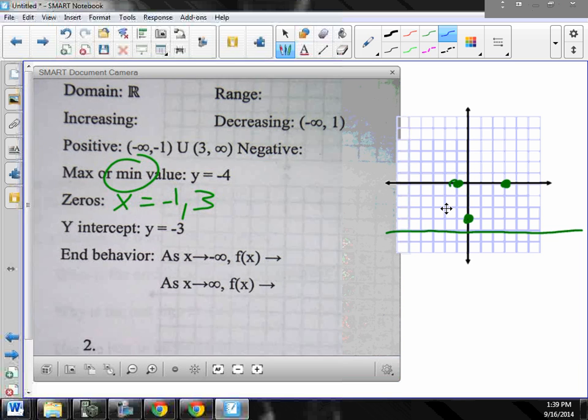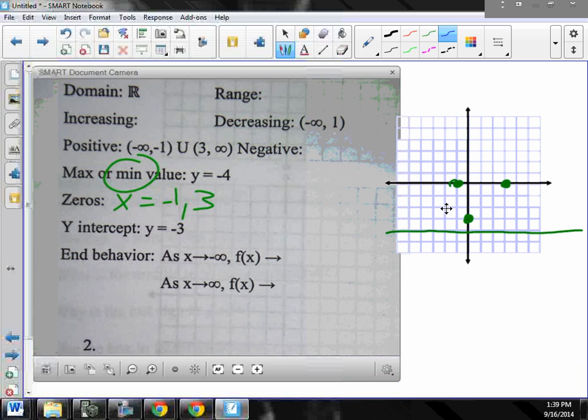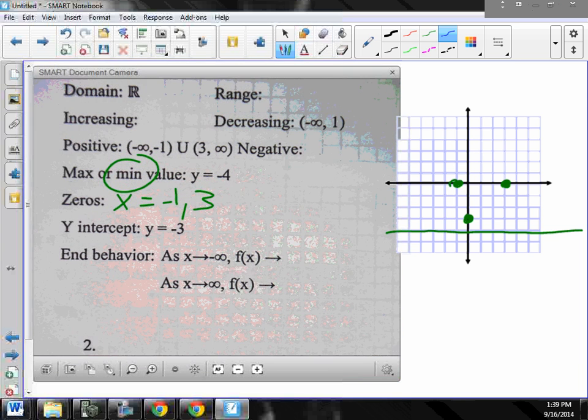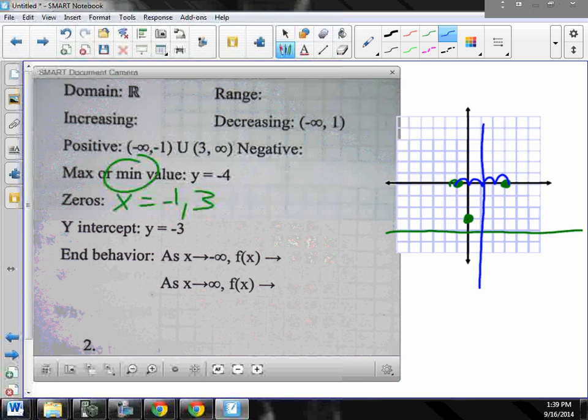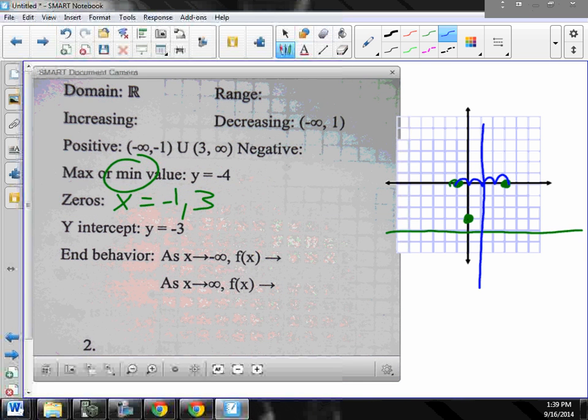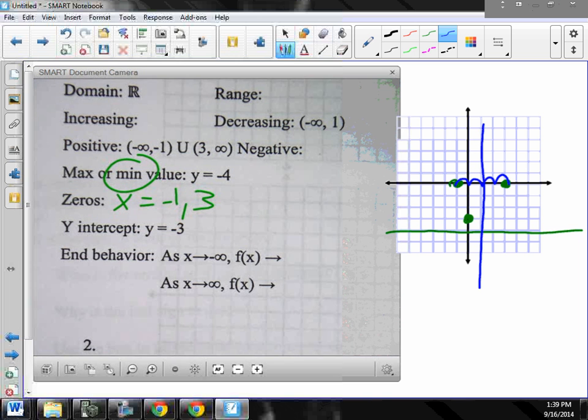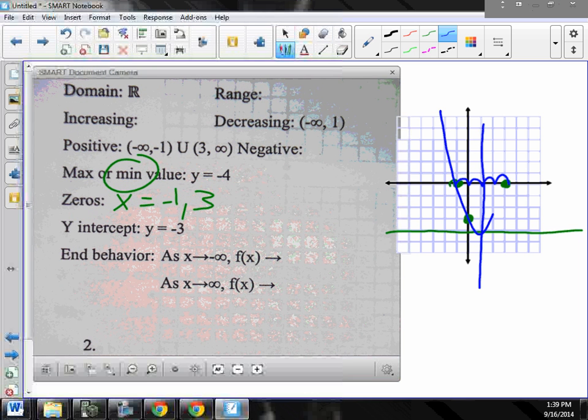How would you figure that out? So halfway between the roots, 1, 2, 3, 4. So I'm going to draw a line halfway between. Is that what you meant by intersection, Jerry? Okay, I understand you now. So the graph looks like this.